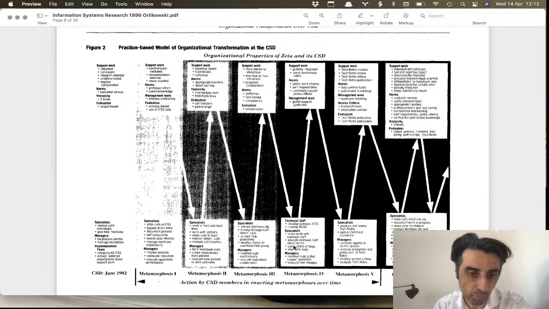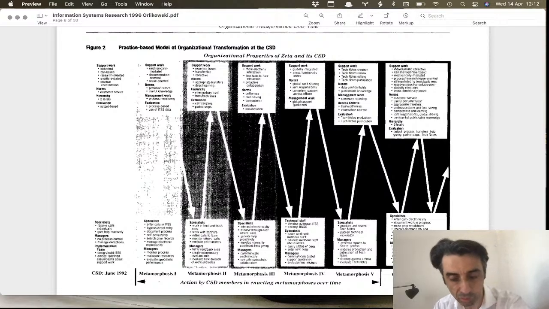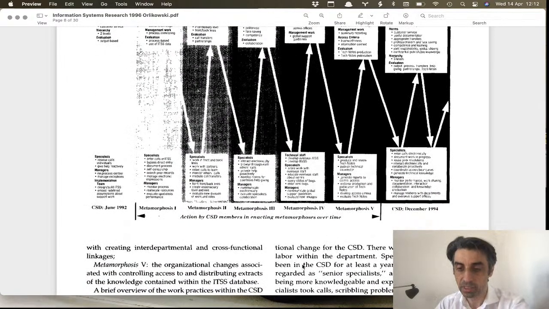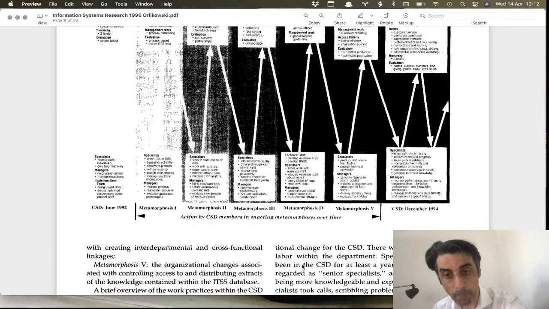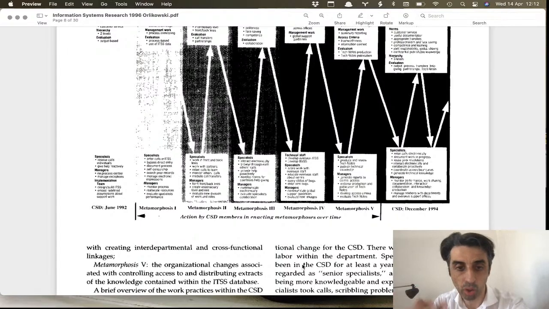So this is a linear process, so we're going from one metamorphosis to the next. So it's nice to see this at the end of the process. I understand why she put it at the beginning, so that you have sort of an overall view, okay? But I would put it at the end, so that then I can draw on this for the discussion.